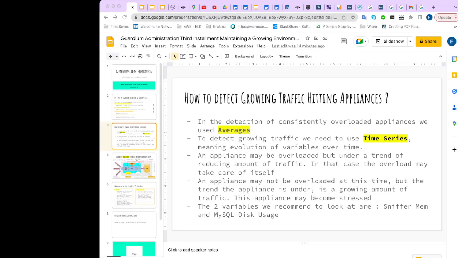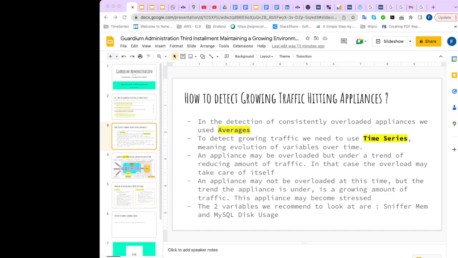On the other hand, you may have an appliance that is not overloaded at this time, but the trend on this appliance is a growing amount of traffic. This appliance may become stressed, and you need to look at those appliances. So that's why it's a bit different to look at consistently overloaded appliances and to detect growing traffic.